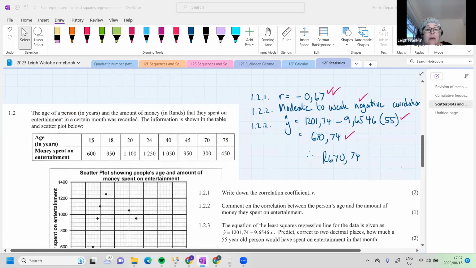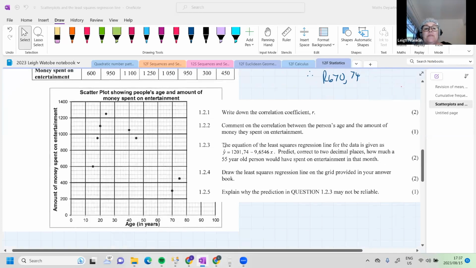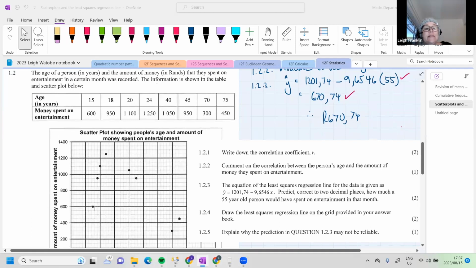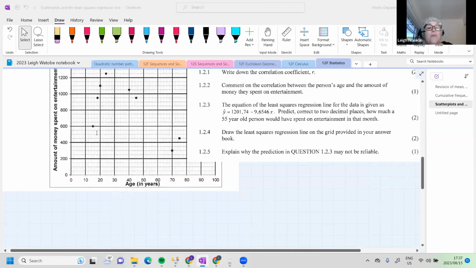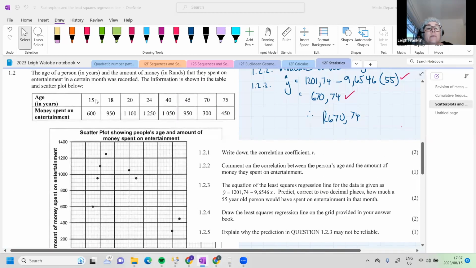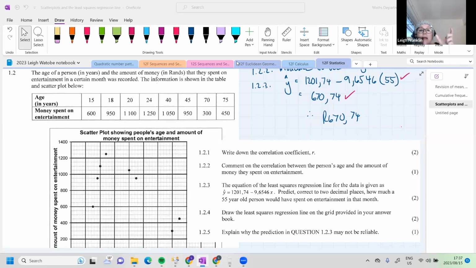Remember here, our smallest x value was 15, our biggest x value was 75. So we can't extend smaller than 15. We can't go past 15. We also can't go past 75. We have to be in between those two values.